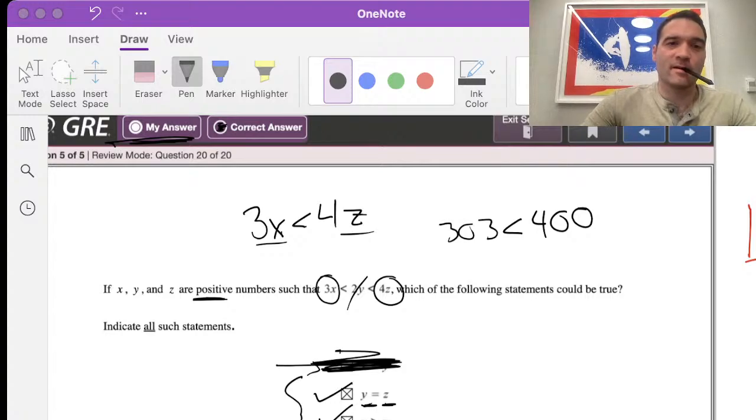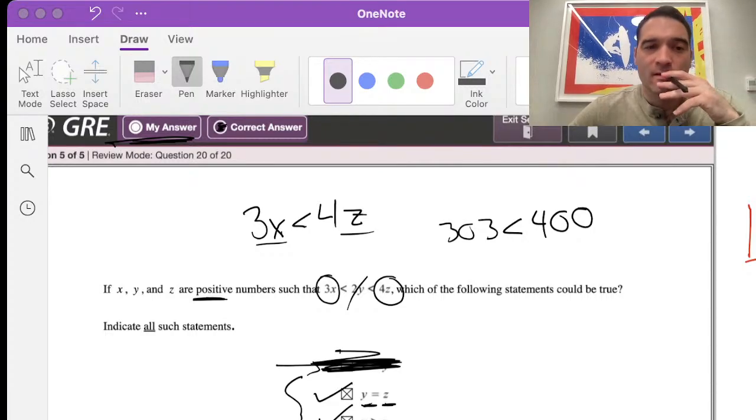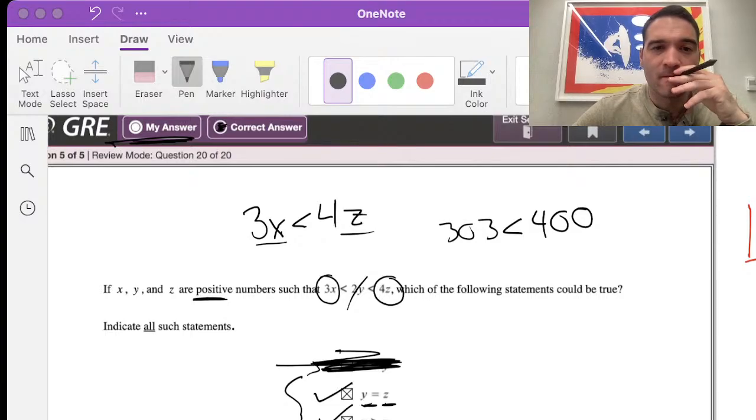X, Y, and Z are positive numbers. Oh, this is a different format of it.